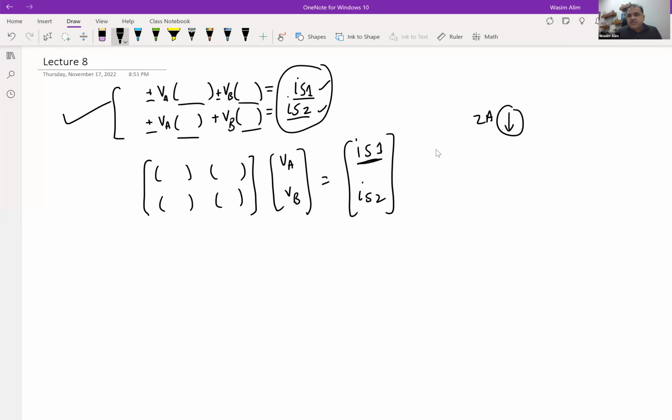The rest is just solving for the unknown quantities, which is essentially going to be the VA and VB, if those are the unknown quantities, and then based on those two, you can obviously solve other unknown quantities. But again, setting up the equation is, I think, the most important part of this whole process.